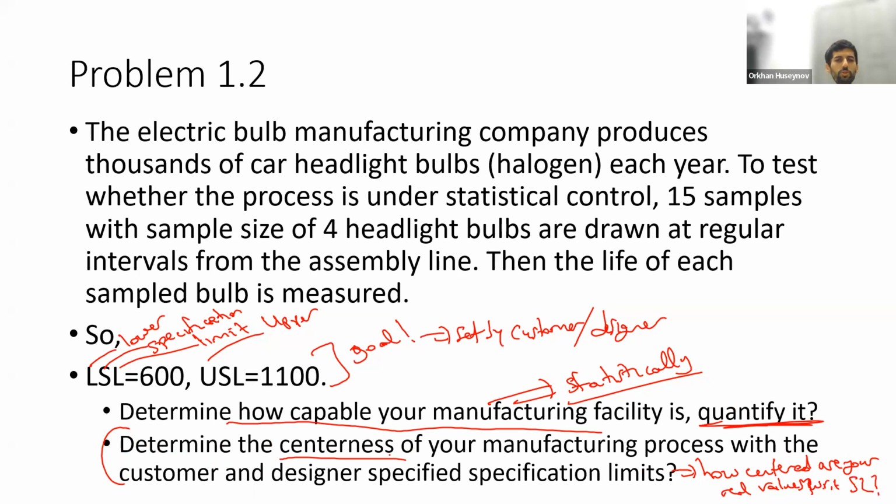How centered are your values with respect to the lower specification limit and the upper specification limit? These are the two questions, yes? Okay, these are the questions that we need to answer. First, how capable is your manufacturing facility? Second, the centeredness of your manufacturing process.